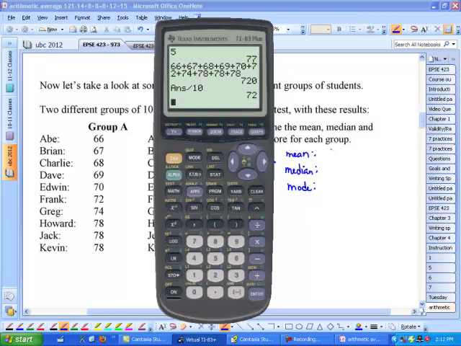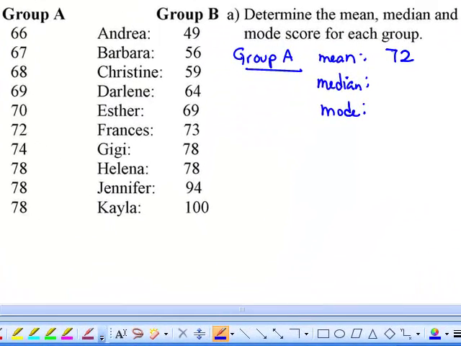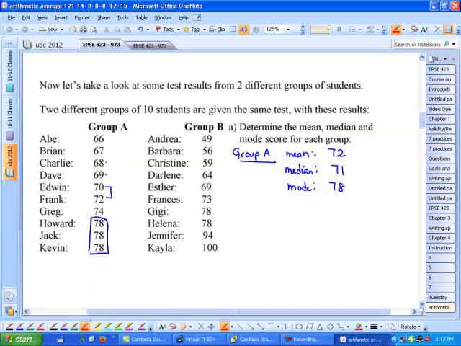I've got 72. Median, since the group is already lined up, 1, 2, 3, 4, 5. It's in between those, so the average of 70 and 72 is 71. And the mode, in this case, the most common one seems to be 78, because I see 3 of those. That's group A. I'm going to ask you to try group B on your own. I'm just going to write down my answers. You stop the tape and give yourself some time to work on it, please.